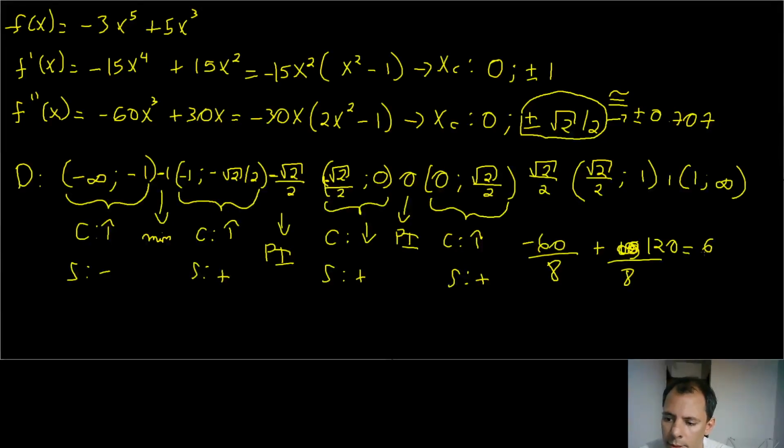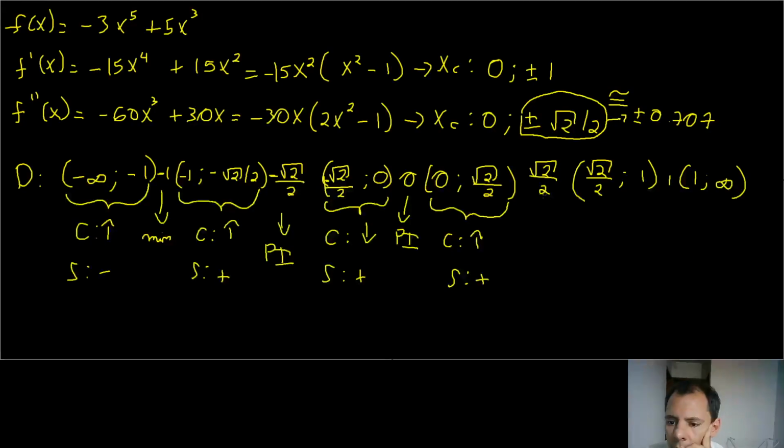And this equals 60 divided by 8. So the second derivative is positive. If it's positive, you know that the concavity has to be up. Okay, and there you go, the concavity is up. So far, all the predictions are coming true, guys.